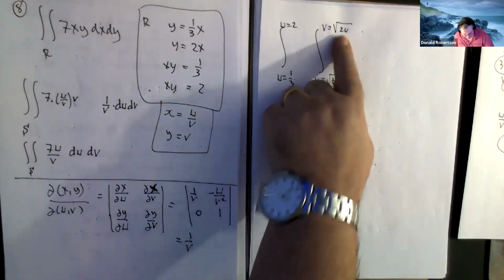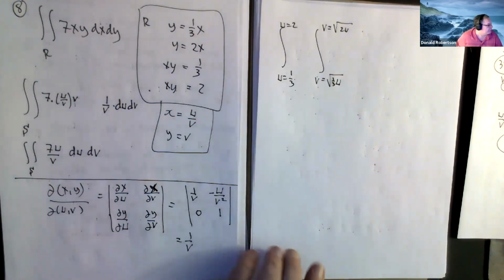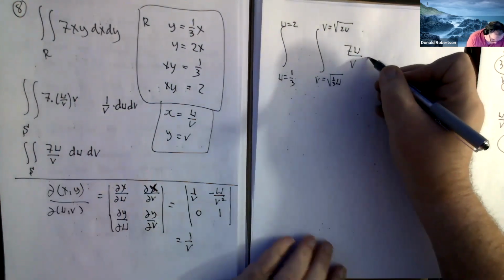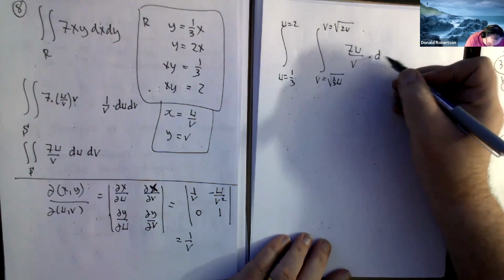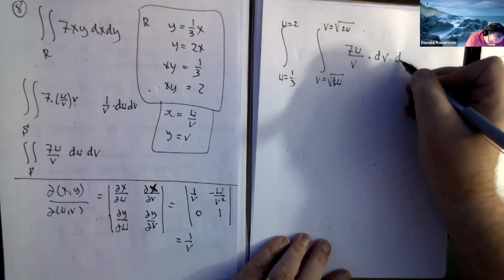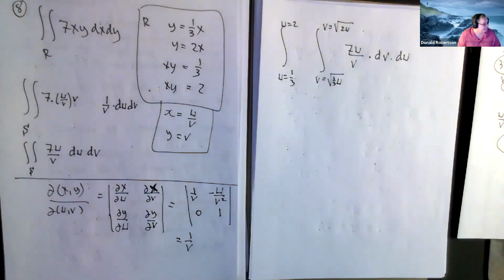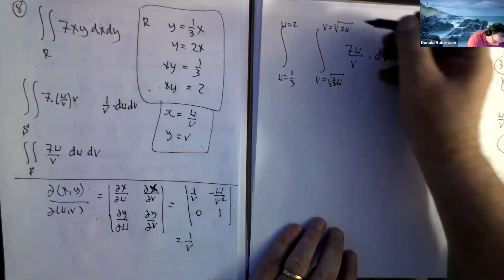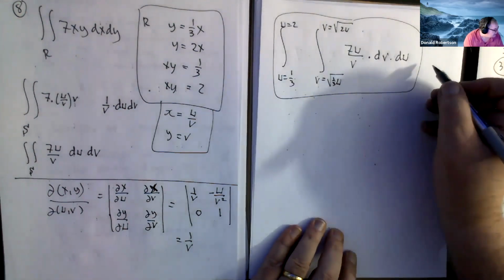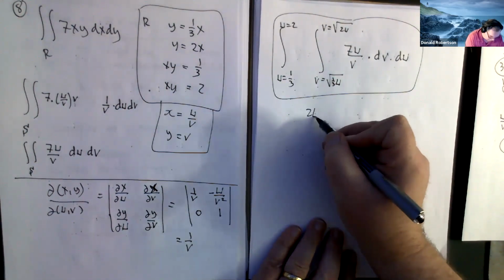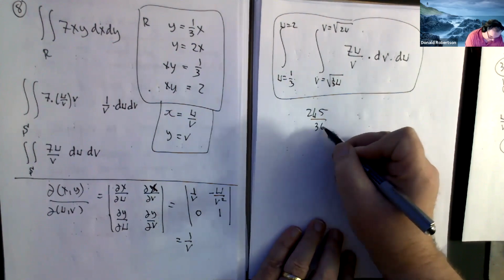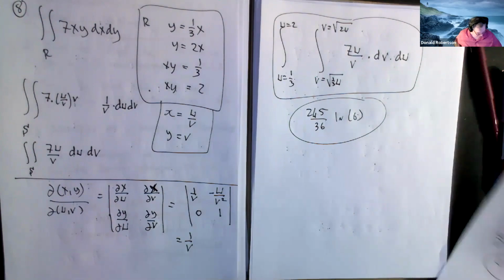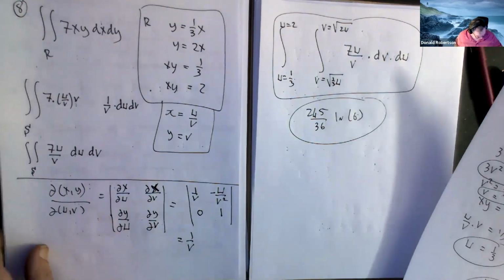I'm assuming that 2u is bigger than 1/3 u, that's why I'm doing them in that order. 7 over u v times, since it's set up this way, dv has to go before du. I'll stop there. According to them, the answer is 245/36 log 6. It will be interesting to see how that comes out.